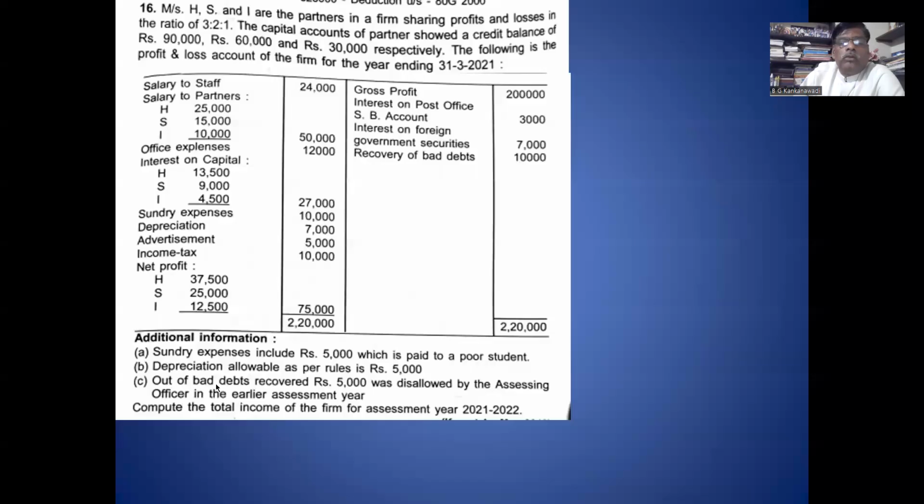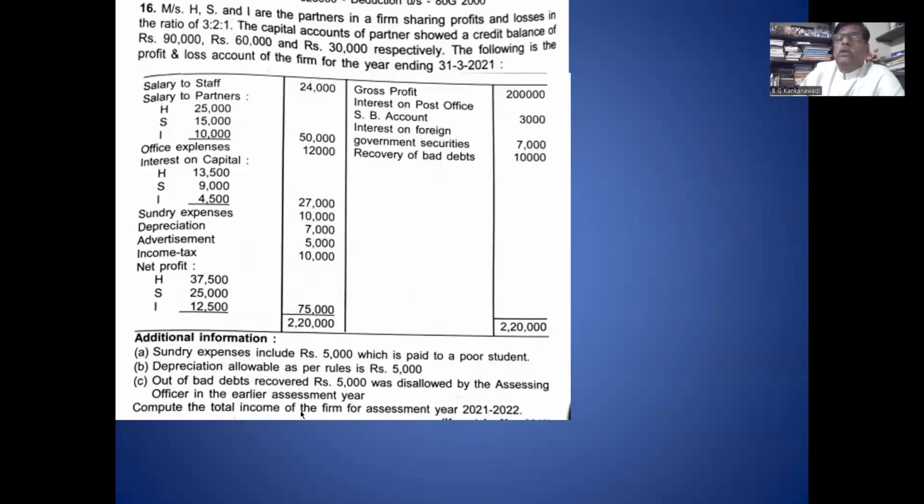Then, out of bad debt recovered, 5,000 was disallowed previously, meaning previously taxed. And there is no need of levying tax on that 5,000 once again. So 5,000 you have to consider in your calculation.